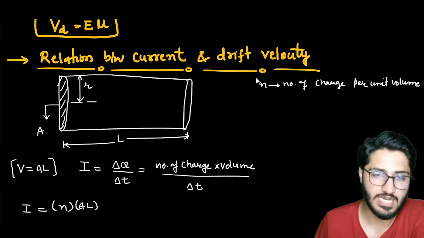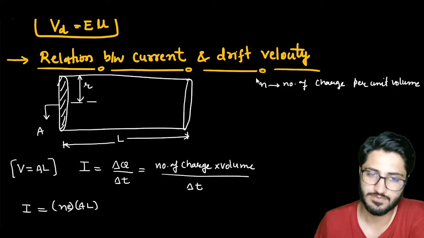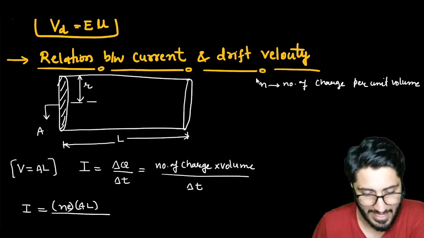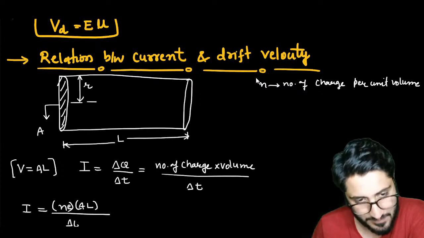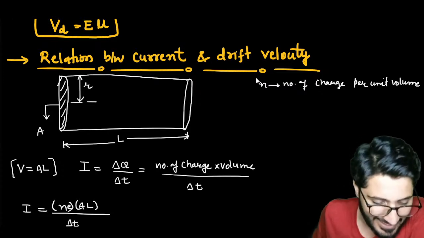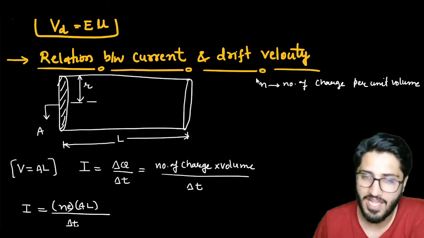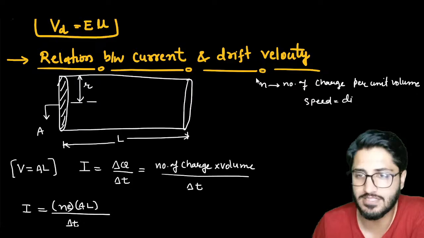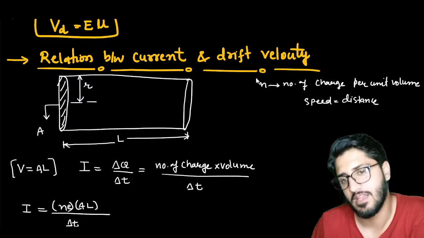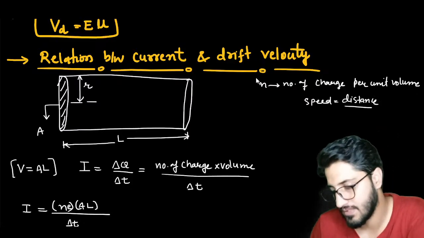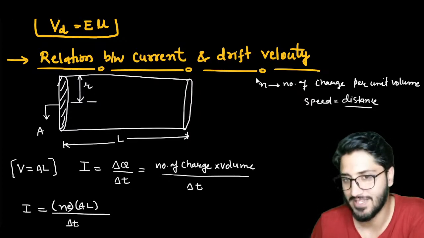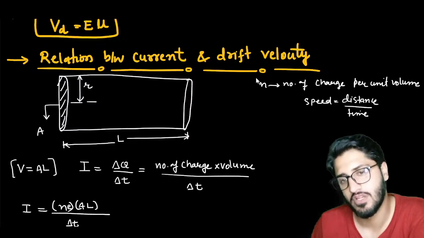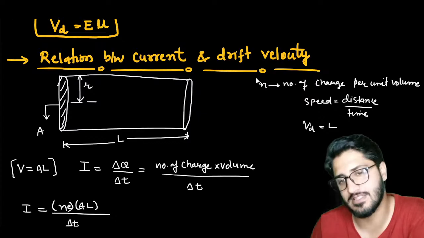Charge is N times E, quantization, whole divided by delta t. Speed is equal to distance by time. Speed is Vd, distance is L, time is delta t.